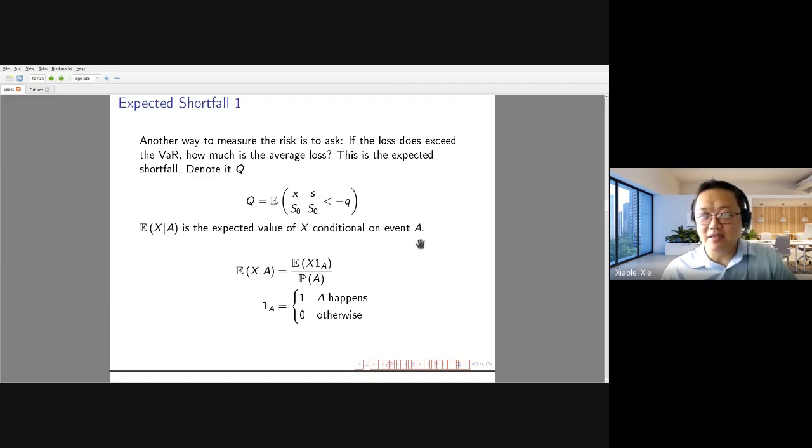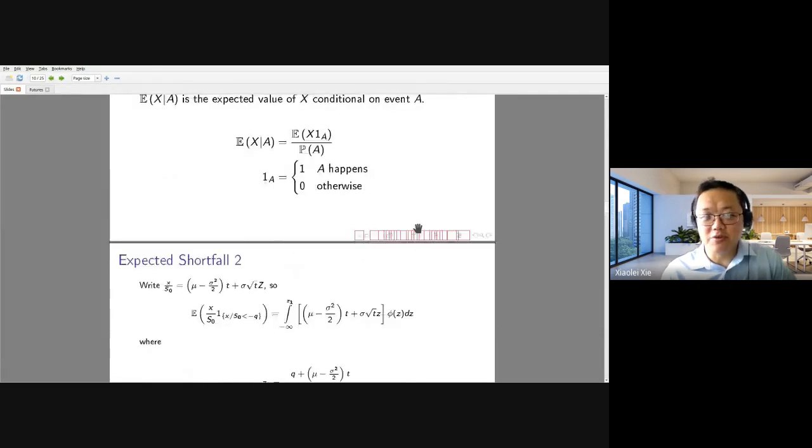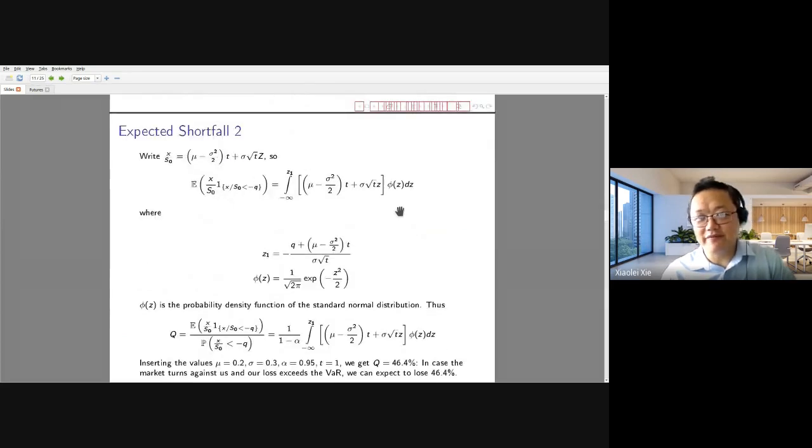All right, in order to evaluate this conditional expectation, of course we will need to do an integral to evaluate the expectation of our relative return when the relative return is indeed lower than the value at risk.